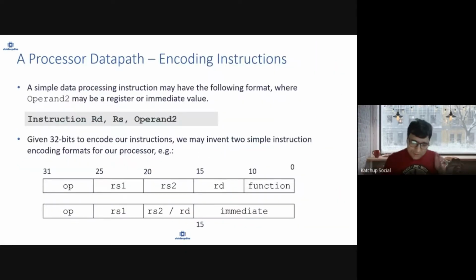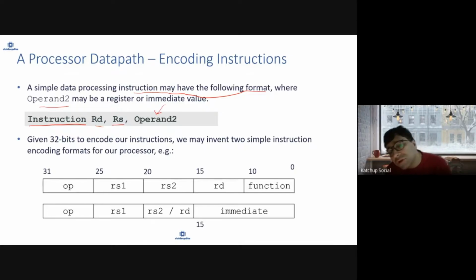Now let's start designing a simple processor. First, we'll think of an instruction, and we saw some examples of an instruction. A simple data processing instruction in our processor can be simple like this: what instruction you want to do, add, move, subtract, which we saw. Then destination, source, and second operand.